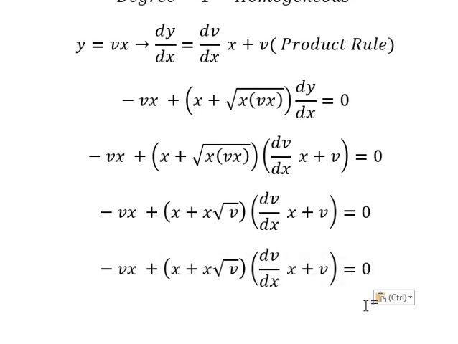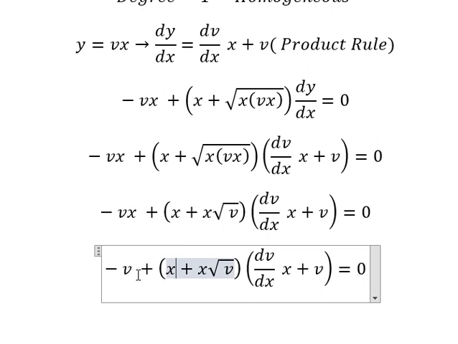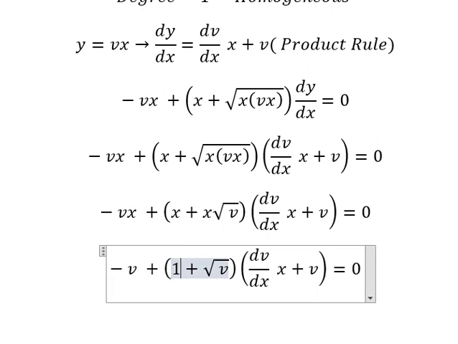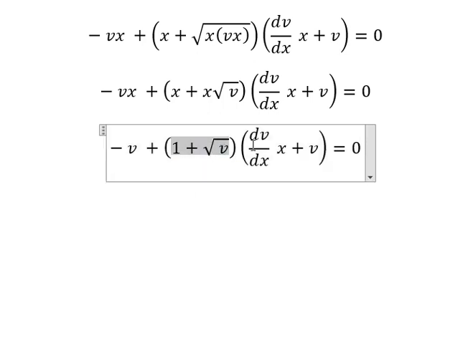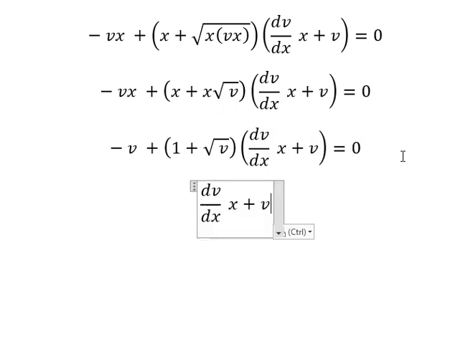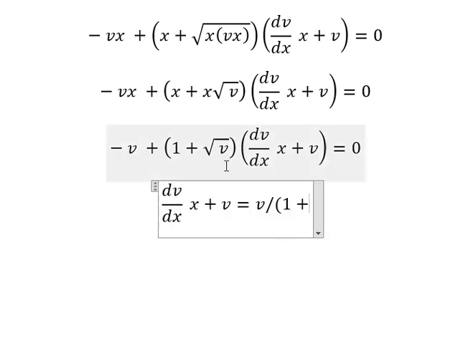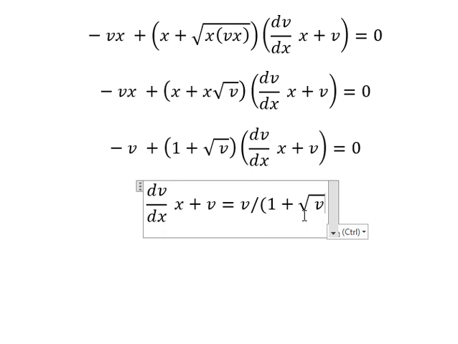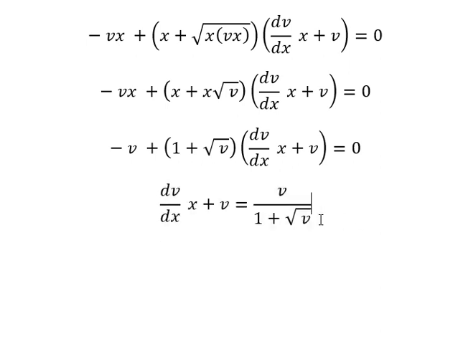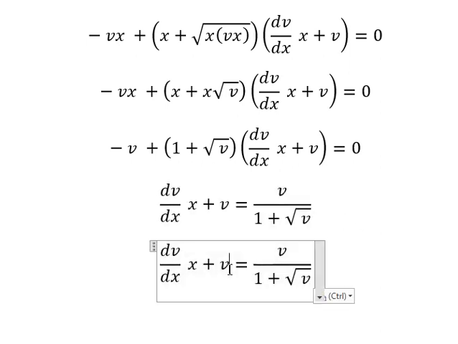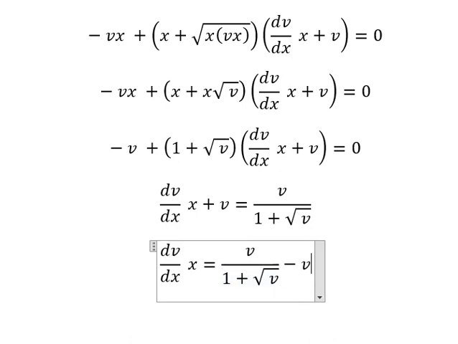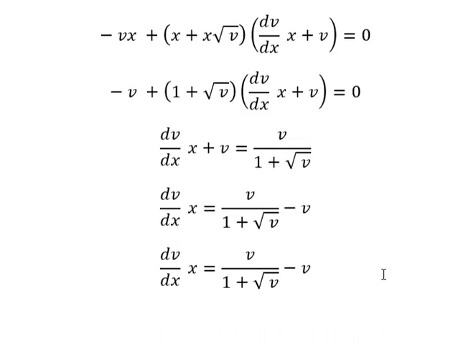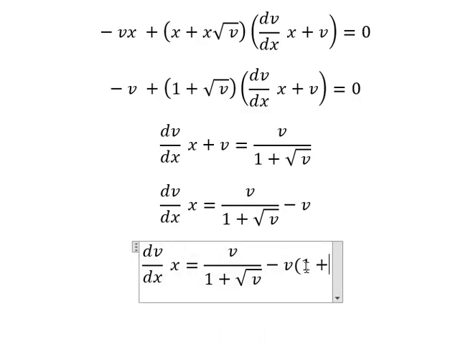Now we simplify s for both sides. Next, negative v I will put on the right, and we divide both sides by this one. So v I will put on the right, and we have negative v. Next, we do a common denominator.